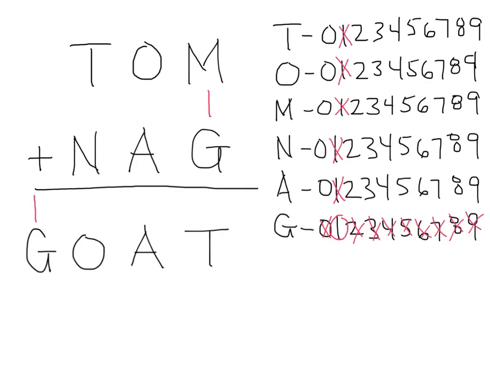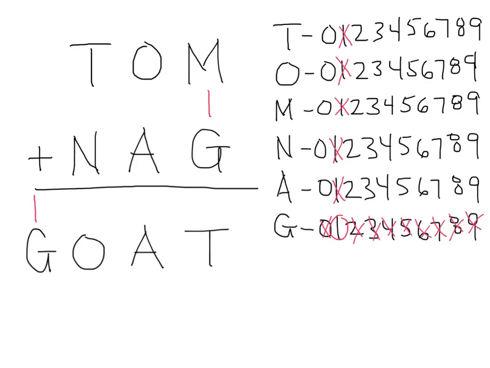Alright, the next thing that I'm looking at as I look at this problem, and this is not easy, okay, it's kind of difficult, no doubt about it. But when I look at this O plus A equals A, the O in Tom, the A in nag, and the A in goat.